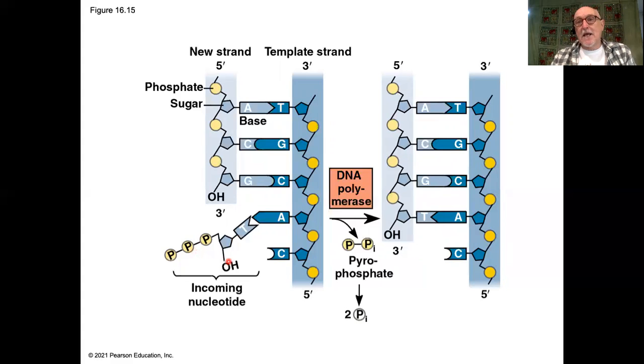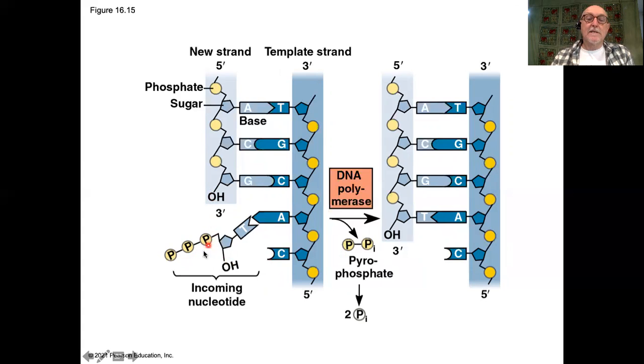It's exactly the same for any of these free nucleotides. They come in to join in a triphosphate form. And that phosphate is severed when they make this bond here. They're going to make a bond between this hydroxyl group here and this phosphate here.